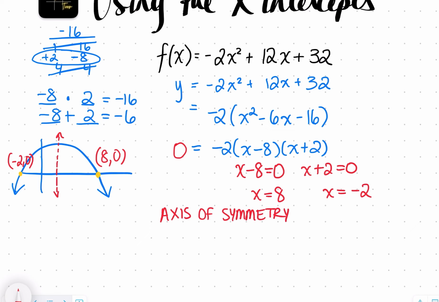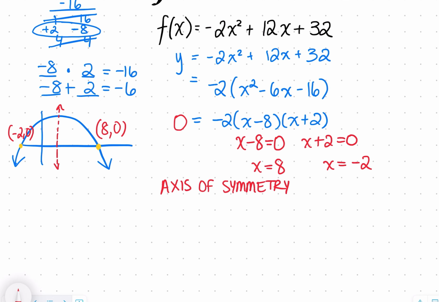And that is found right in the middle of the two x-intercepts. So we are going to take the average of our x-intercept values by doing 8 plus -2. So you add them up and you divide by 2 because you have two values.